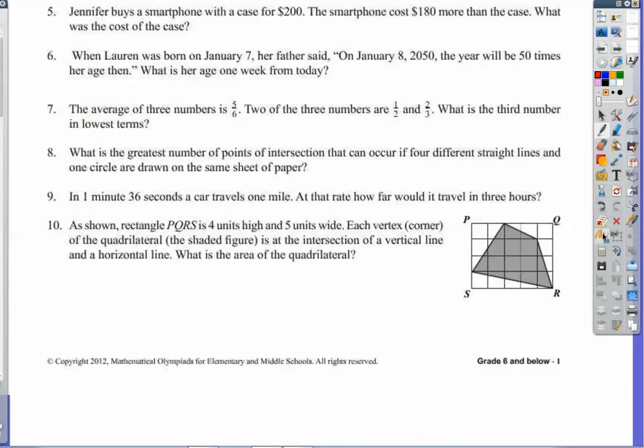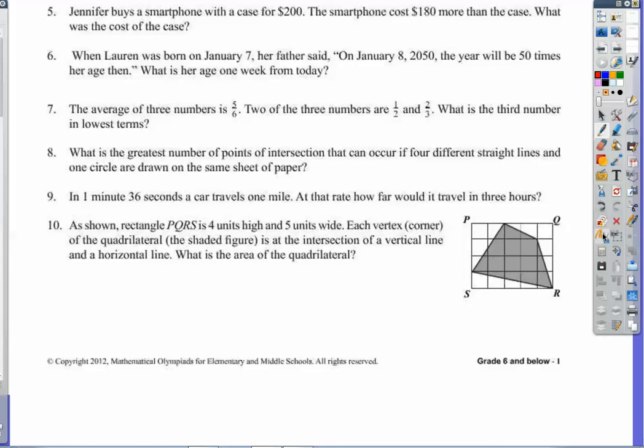What is the greatest number of points of intersection that can occur if 4 different straight lines and 1 circle are drawn on the same sheet of paper? All right, so I'm going to show a progression here. I'm not going to get the answer right the first time. I'm just going through thinking on how one might go about doing this.